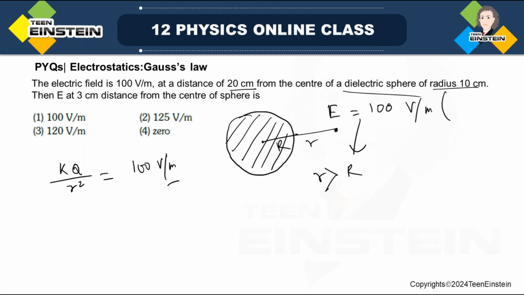Now if my distance small r is 20 centimeter, then let us find out kq, for which there is no direct information. So kq is equal to 20 into 10 to the power minus 2, whole square, into 100.